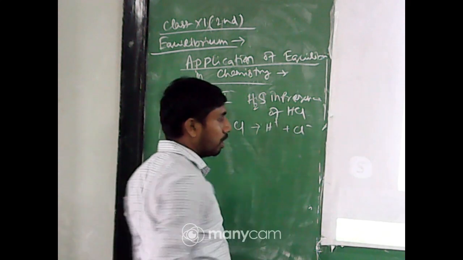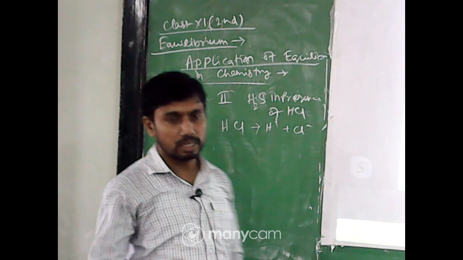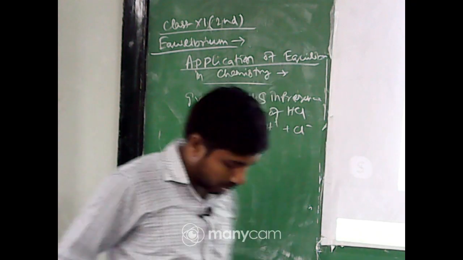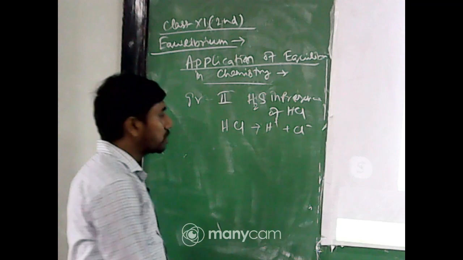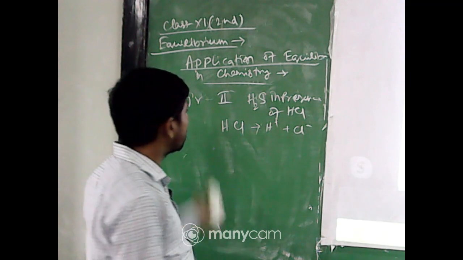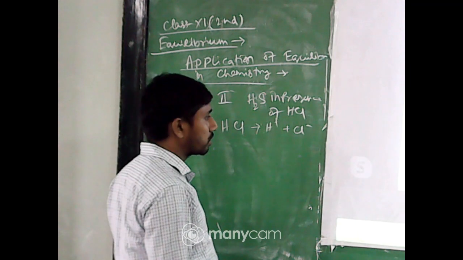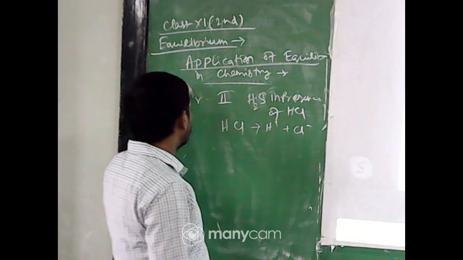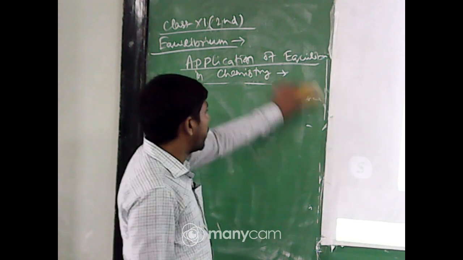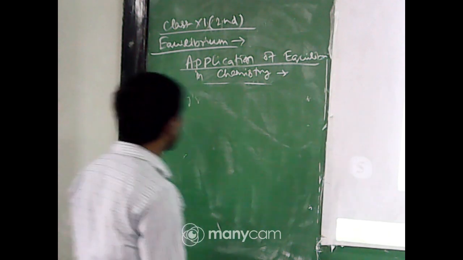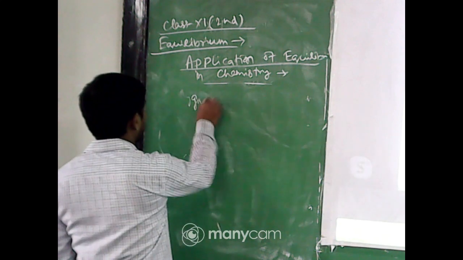H2S is a weak electrolyte with respect to HCl, so the higher concentration of H plus will suppress the dissociation of H2S. In this way we use the second point, that is, the Le Chatelier principle and also the common ion effect.